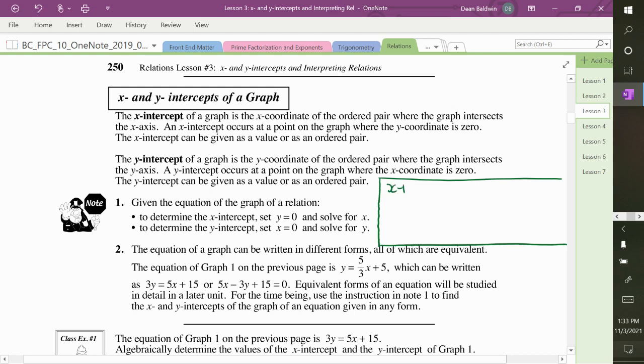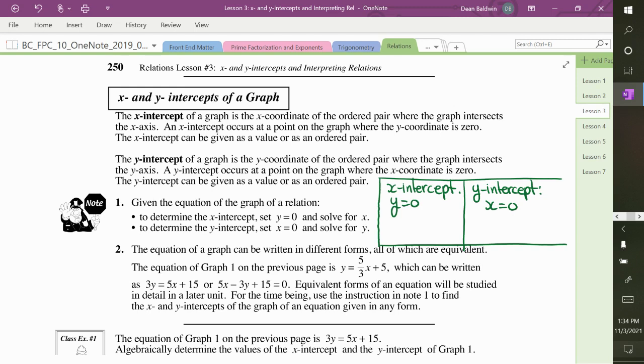The x-intercept is when y is 0, and the y-intercept is when x is 0. You need to remember that.